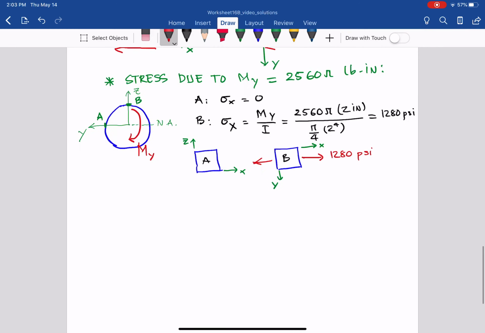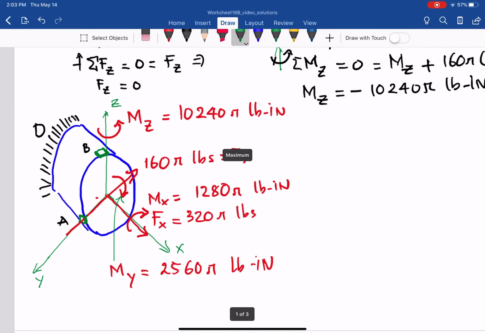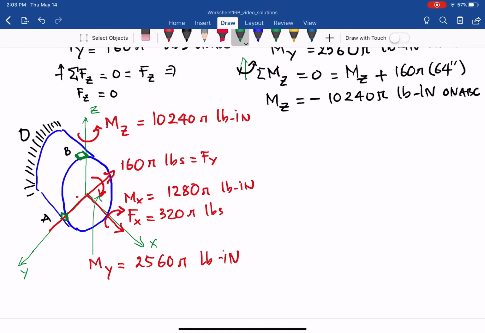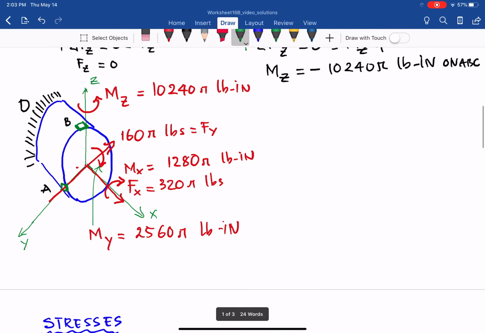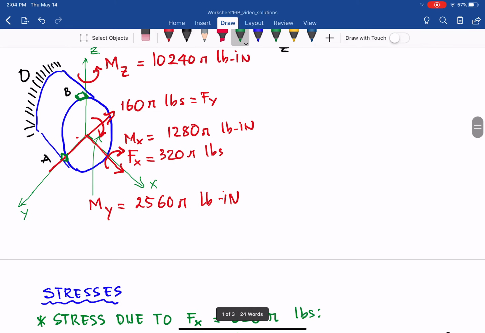So the last one is the stress due to mz. And that mz equals 10,245 pound-inch, and that is also positive about z, right? Right hand rule, positive moment, and that creates a bending moment as well.